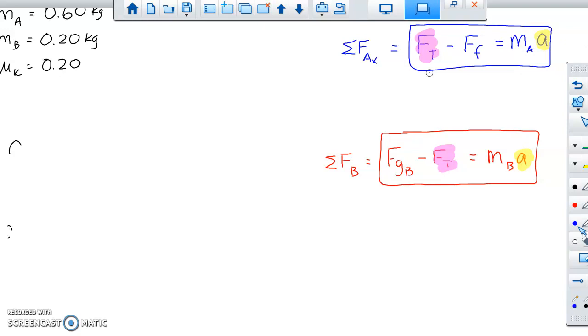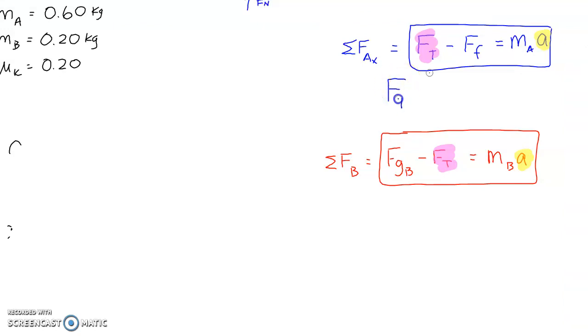And we have a system of two equations. We could do a couple different things to solve this, but what I'd like to do is the substitution method. Because I'm looking for acceleration, I'm going to solve for the tension with the blue equation. So Ft, I'm just going to add friction on both sides.